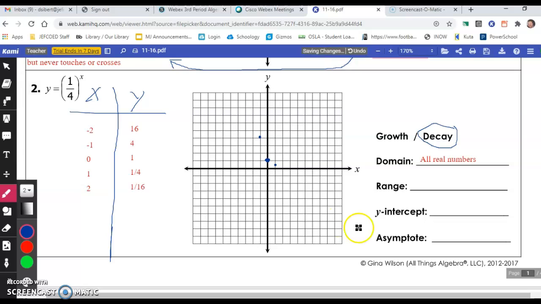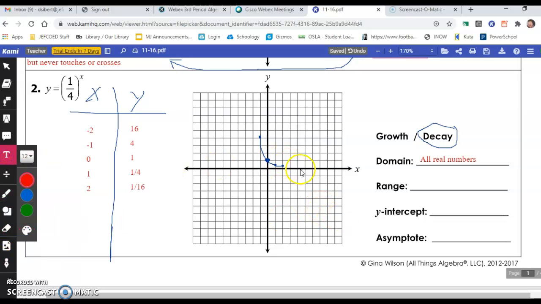Get as close as you can. And then we're going to go to 2 and go to 1/16. And again, that's about as close as we're going to be able to get. Now, go ahead and start connecting those. Okay.